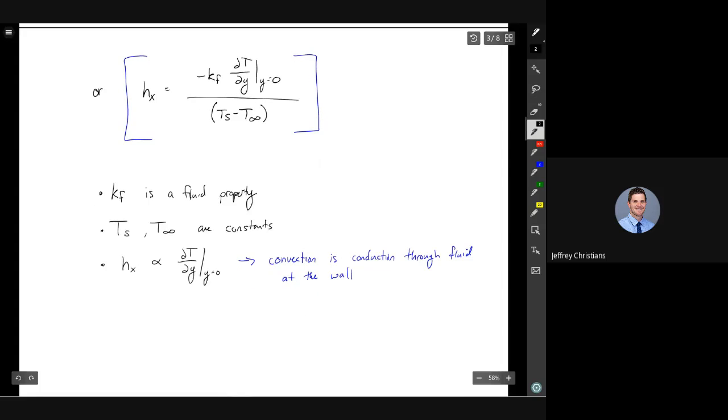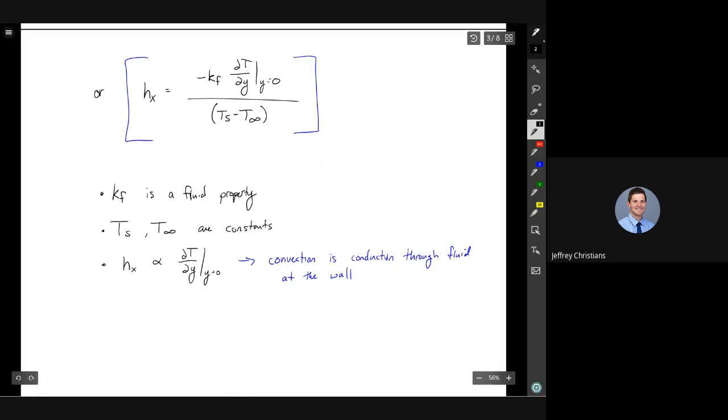This gives us a couple of rules of thumb to think about. So H is going to decrease as our thermal boundary layer grows.